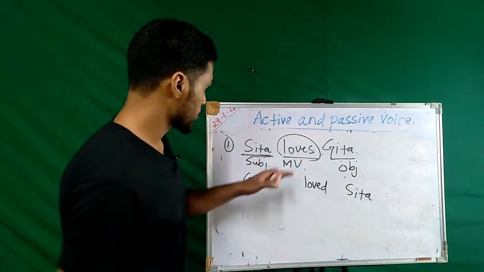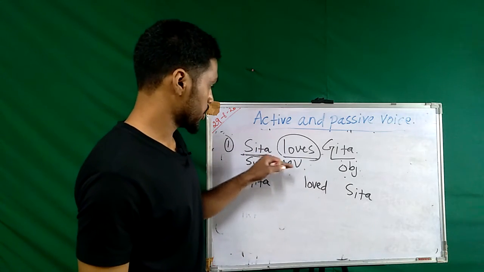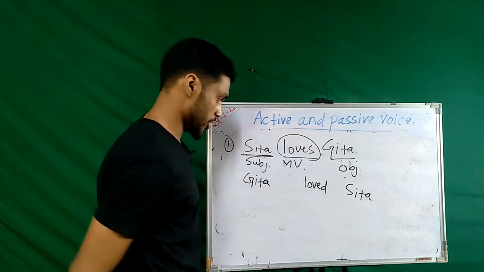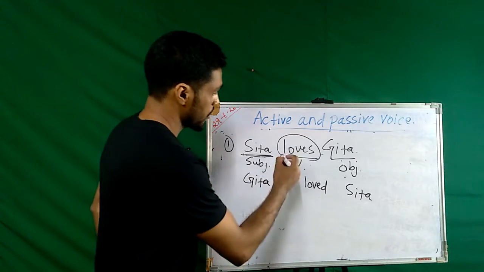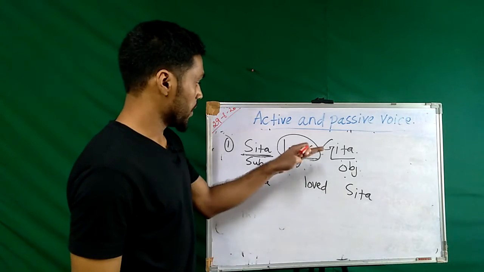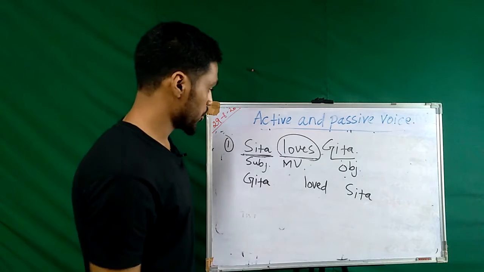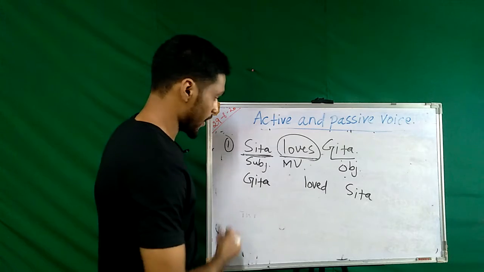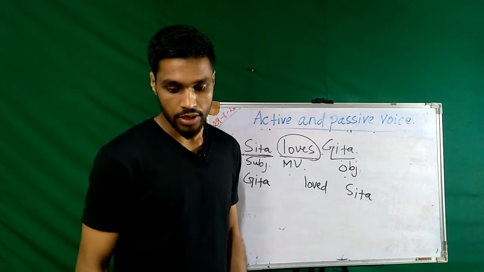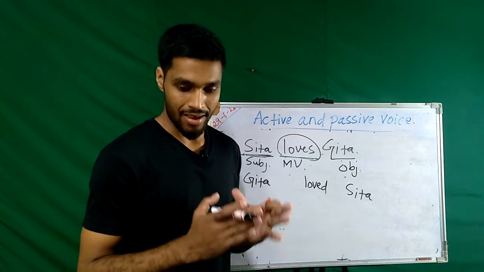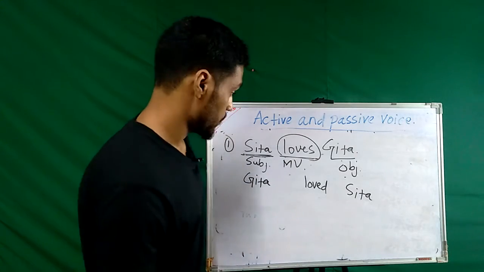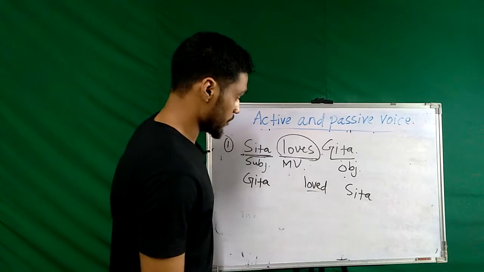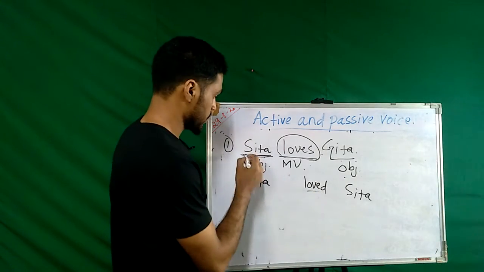First we found the subject, main verb and object. Then we exchanged the subject and object. Then we converted the main verb into the participle, or third form of verb. And what is the next step? We have to add a proper helping verb before the main verb.